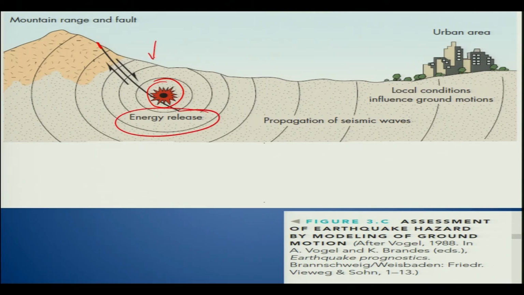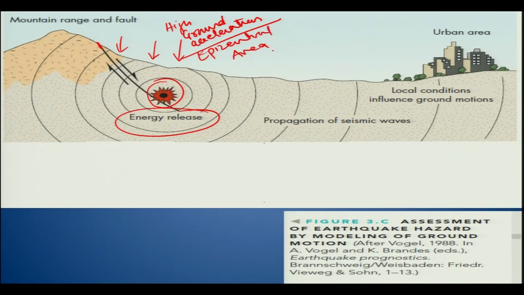So this portion, which is sitting exactly above the focus of an earthquake, where the energy has been released, will have high ground acceleration. This is in what we call the epicentral area, but any urban city or site of interest is sitting far away from this one.